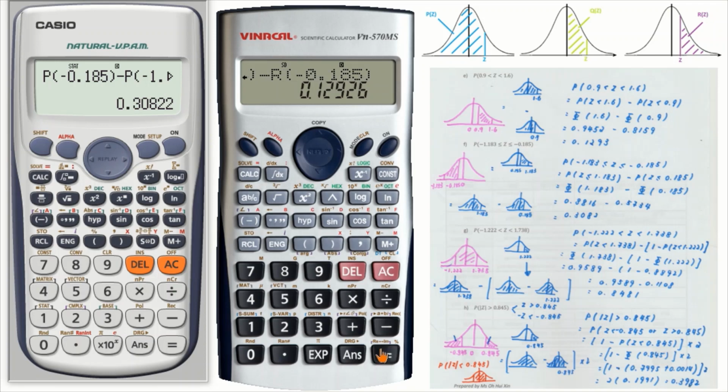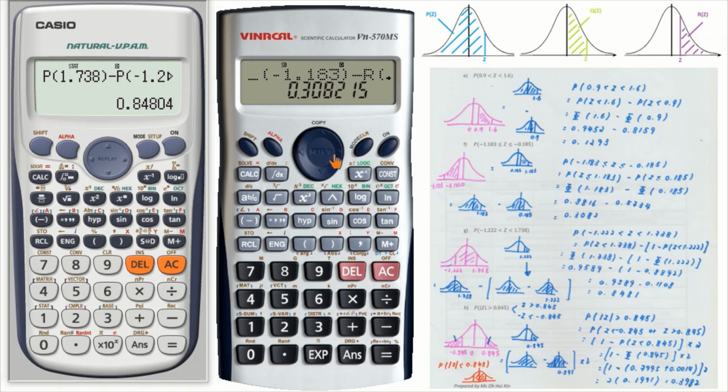Then you press equals to, and you see you get exactly the same thing. Okay, for G it is going to be the same, so I'm just quickly showing it here. When we do less than, that means you are using 1.738, and to minus the answer for 1.222. Okay, then you get the answer.